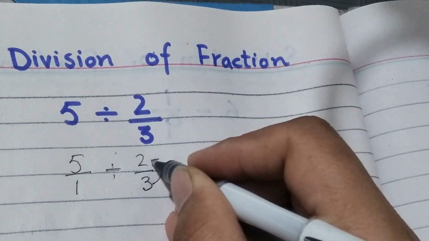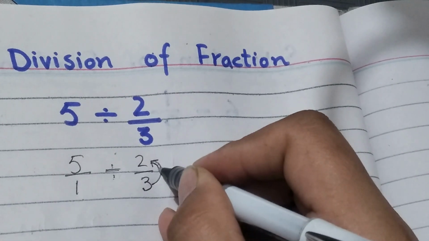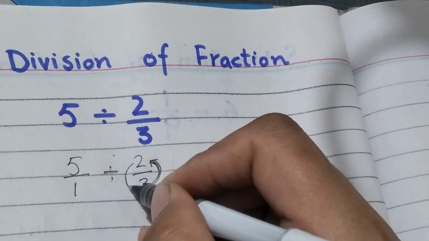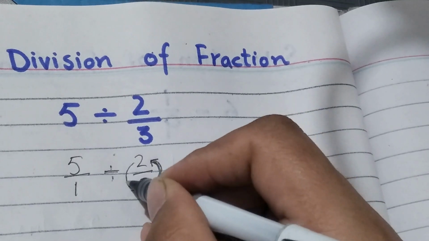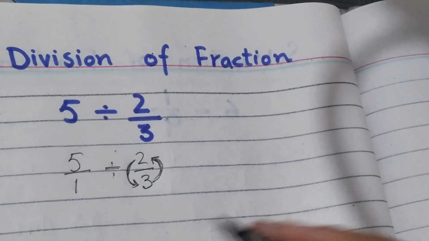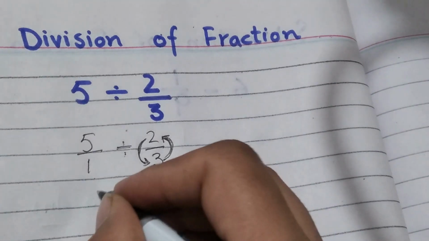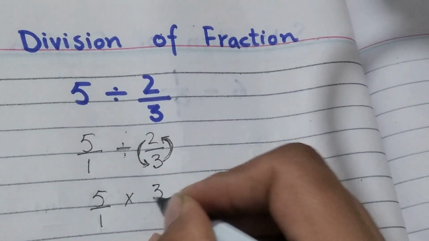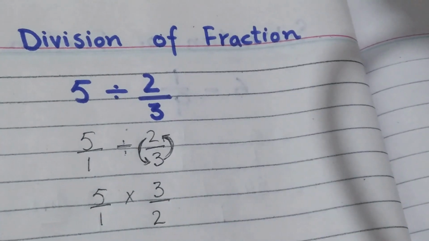The denominator will turn into the numerator and the numerator will turn into the denominator. Look, 5 over 1 multiplied by 3 by 2.